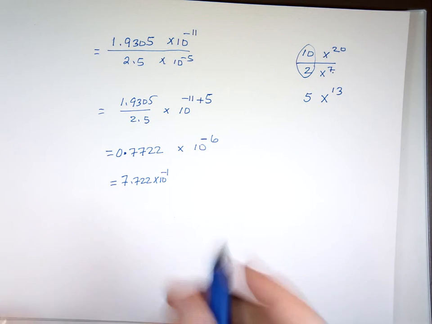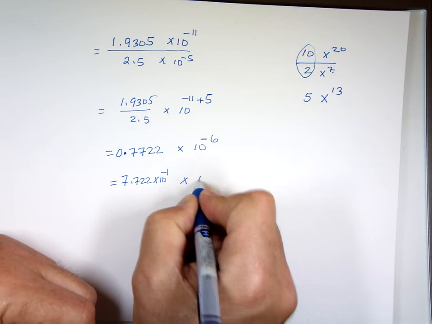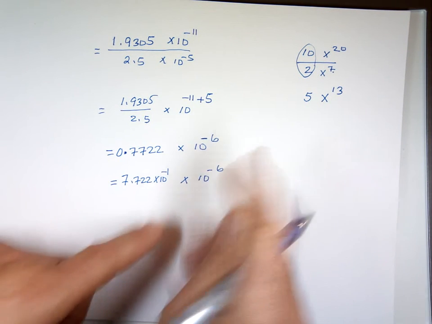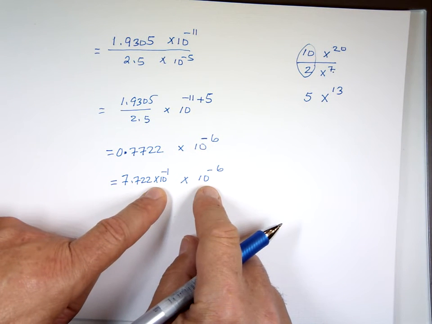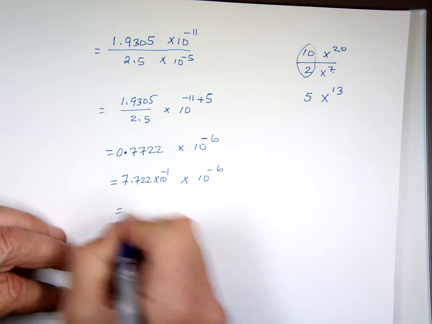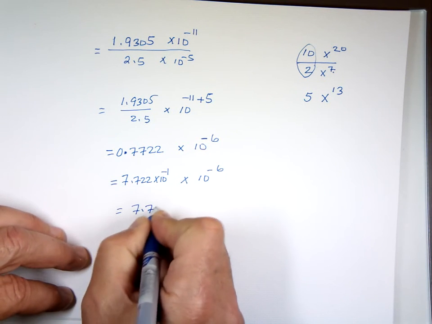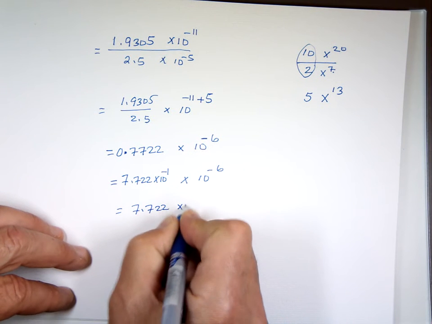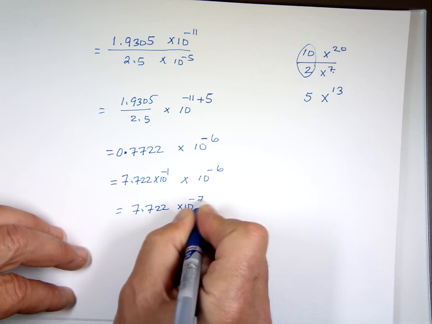And again, times 10 to the negative 6. And when you multiply, what do you do with your exponents? Add them. Was that the same answer we got before?